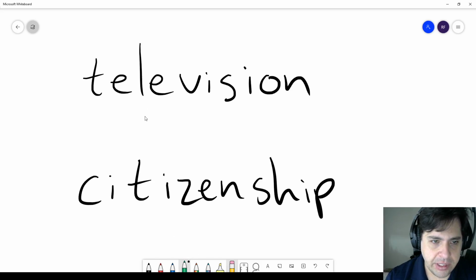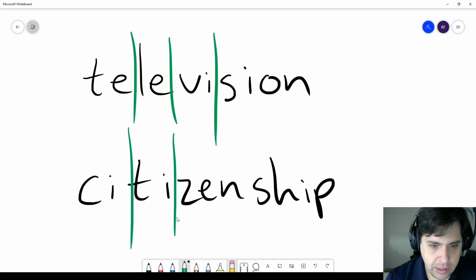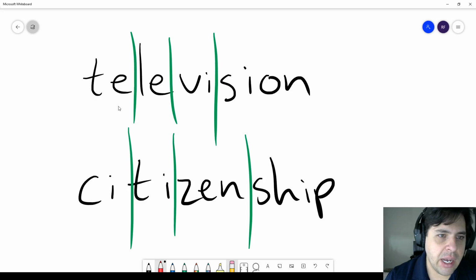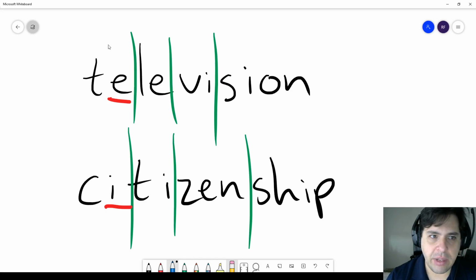Let's try and split this up. Just like that. And our emphasis, if we think about this word, it's going to be on the first one.